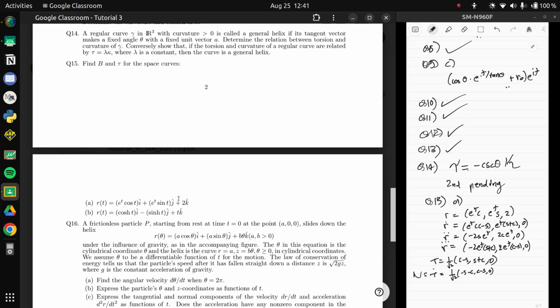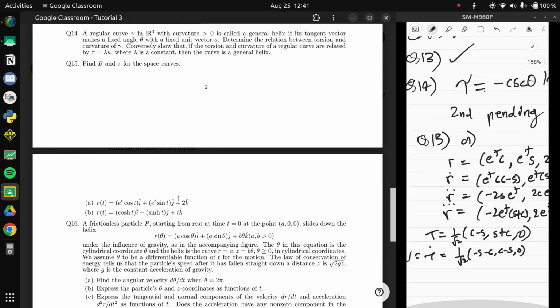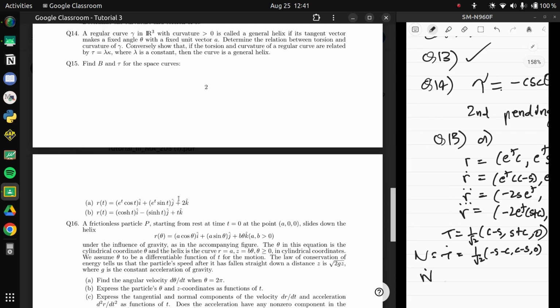Yeah, right. So it was something like Tn and then dn by ds, which is like n dot by v essentially. So the magnitude of this v thing is just e power t square root of 2. So if I were to do that, n dot would just be, it's all unit vectors like so far.